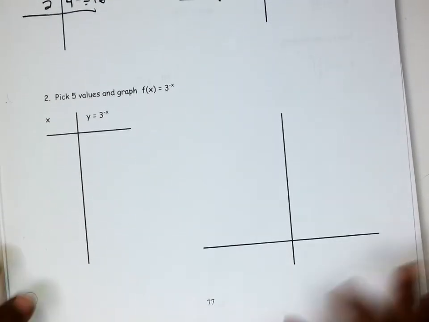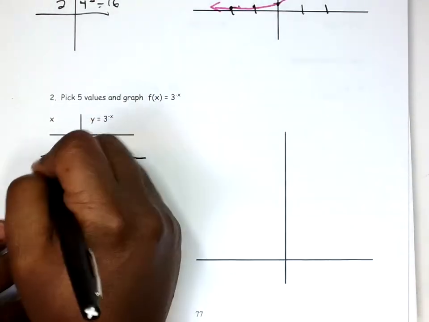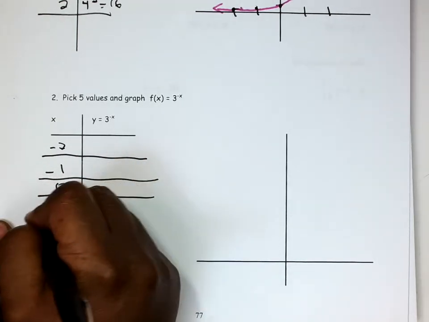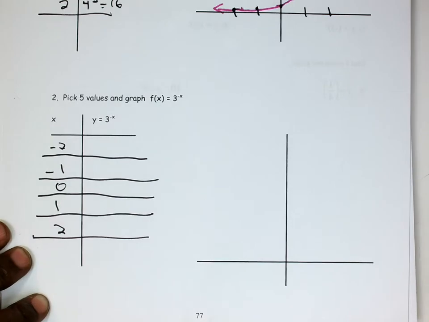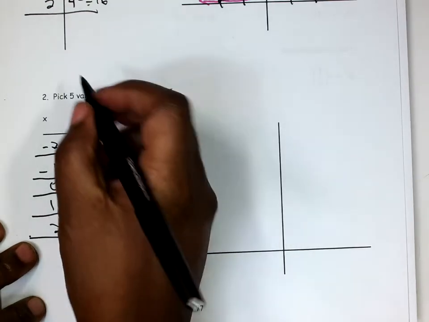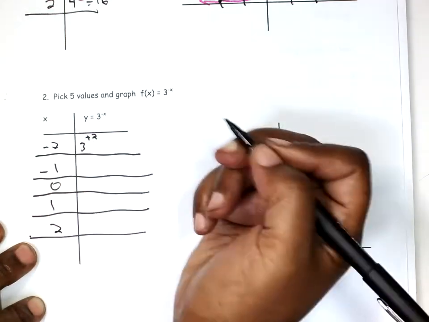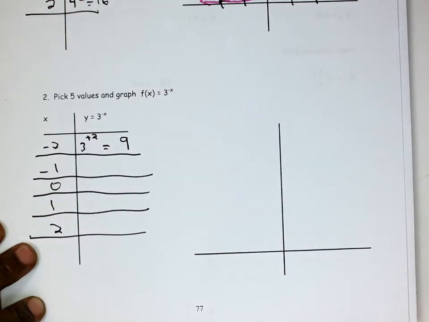Here I have y equals 3 to the negative x. Pick my standby. So we get 3 to the negative of negative 2, which is going to give me a positive 2. So that gives me 9.